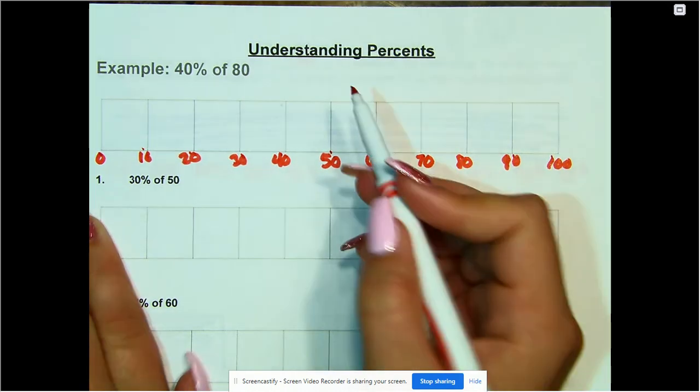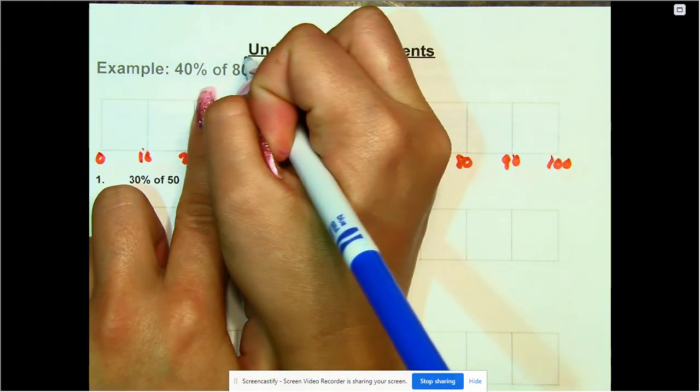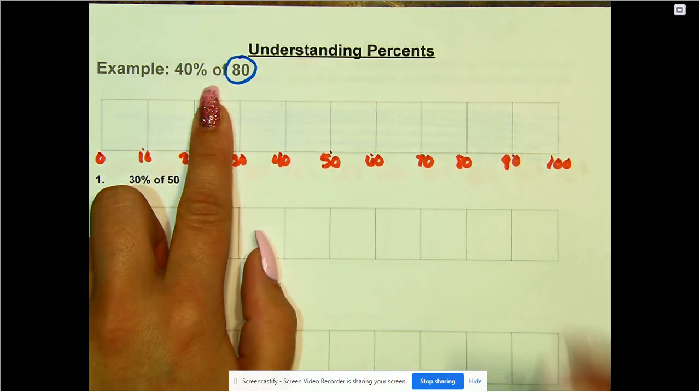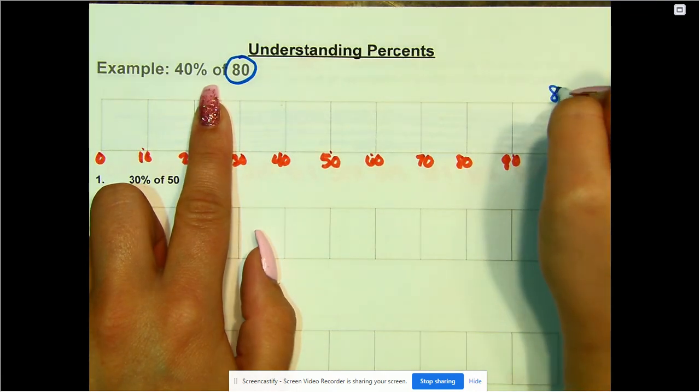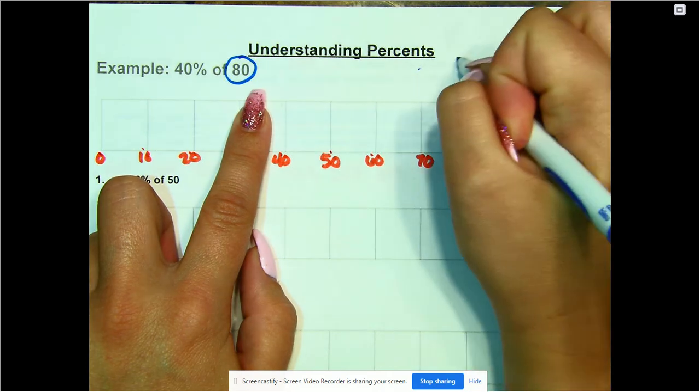Okay, so my full is 80. So what is 40% of 80? So 80 would be my 100%, because that is the base, that's the bottom, that's the denominator.